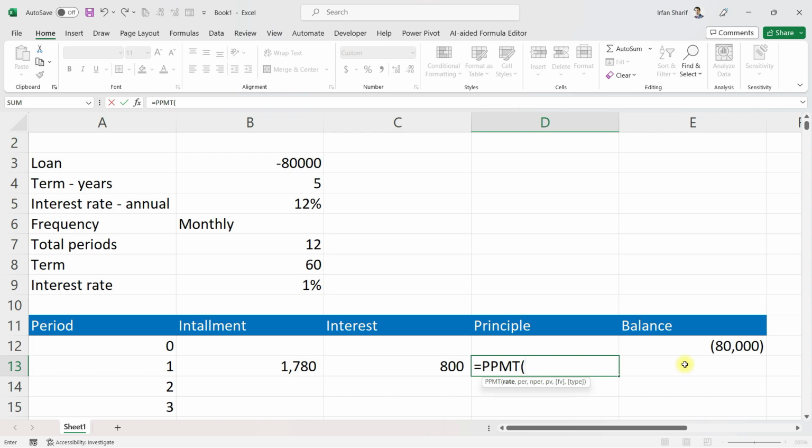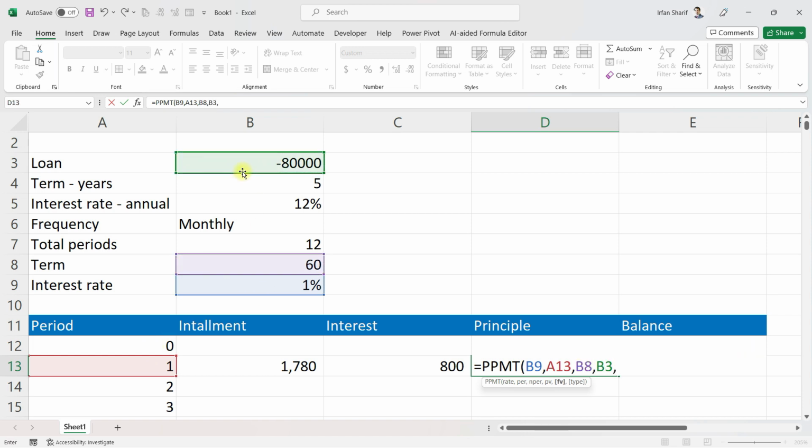So I would say PPMT, the rate is here, 1%. The period number for this one is 1. The total number of periods is 60. The present value of the loan is 80,000, and the future value we are going to ignore, and the type is that we have to pay at the end of the period.